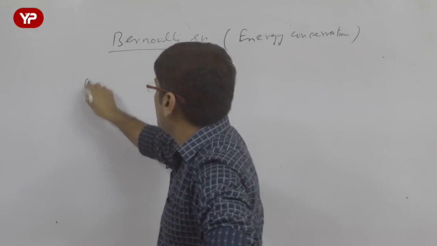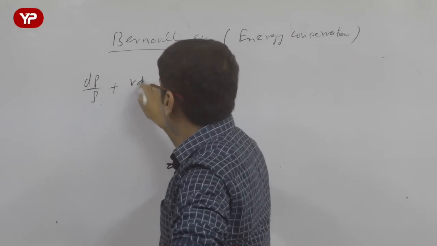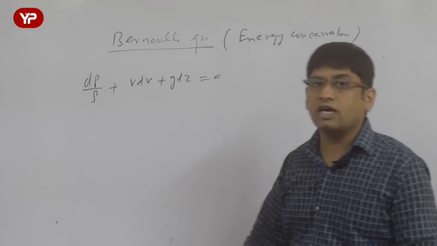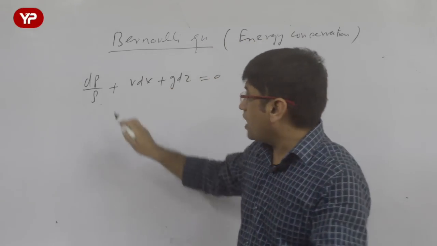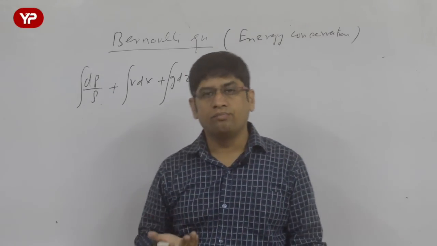Now let me write the Euler equation first: dP by rho plus VdV plus g dz is equal to 0. That is the Euler equation. Now if I integrate this equation between two sections, I get the Bernoulli equation.